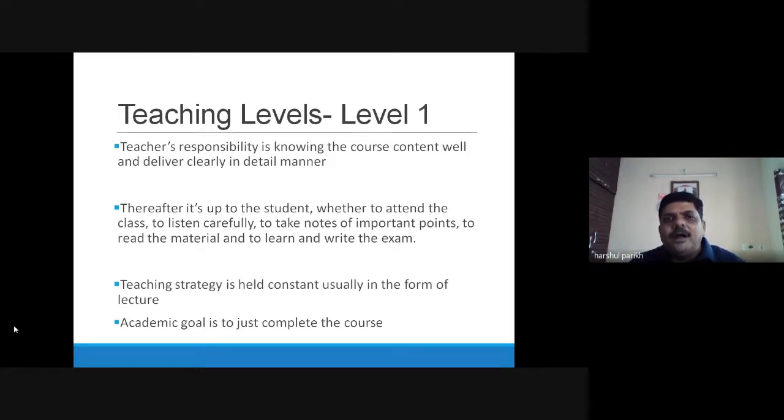And thereafter, after teaching all this, in this level, we leave it on the student whether to attend the class, whether they listen carefully, whether they have noted the important points in their book or notebook, whether they are reading the material. That means we leave it on the student.